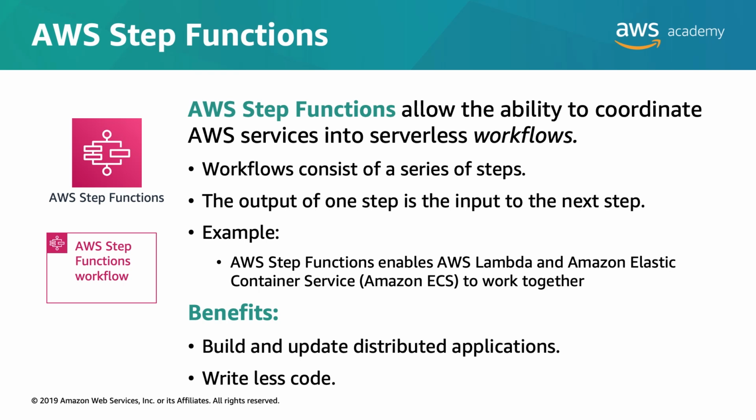Step Functions automatically trigger and track each step. If there are errors, Step Functions will retry so your applications run in order and as expected. To read more about Step Functions and see architectural examples, search for Step Functions Use Cases in the AWS documentation.